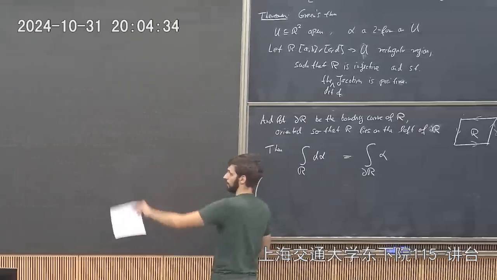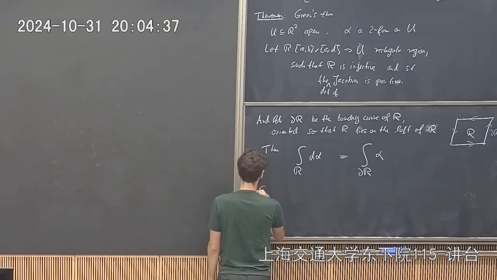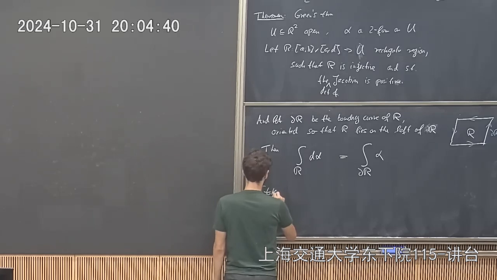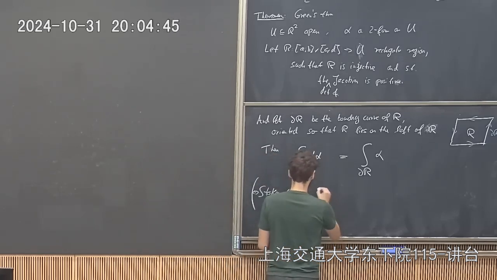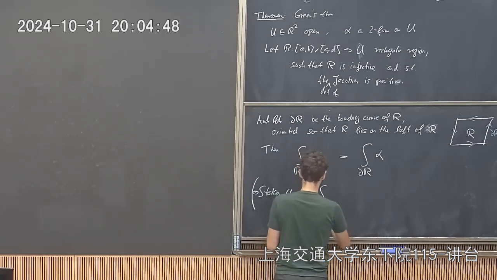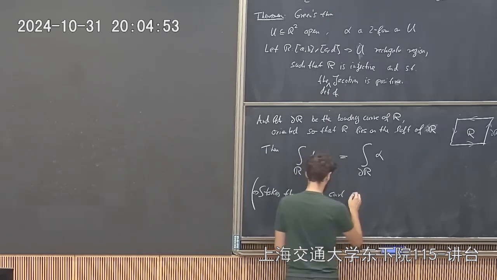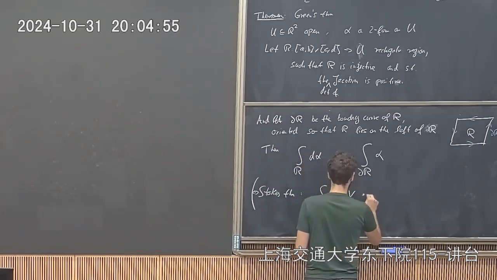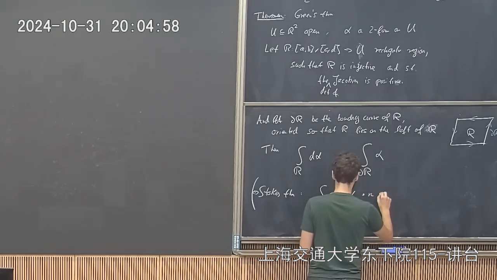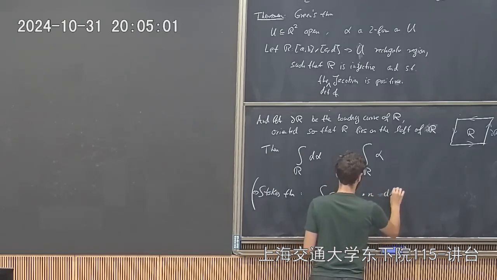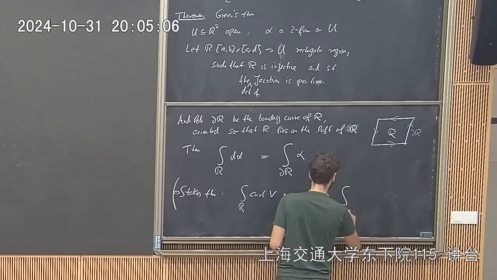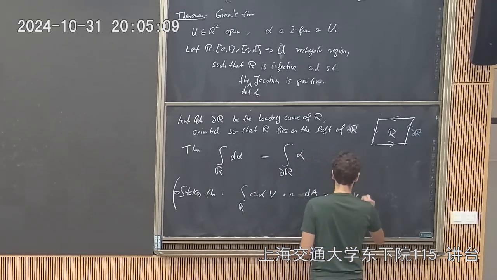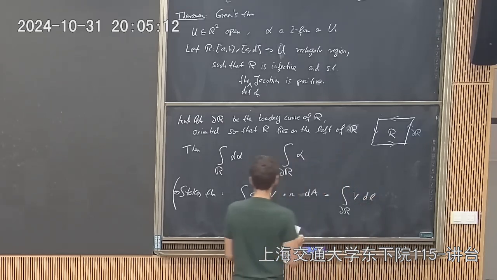If you think about it in this version, this one is equivalent to Stokes' theorem, which you might have seen already in some course: the integral over the curl of some vector field times n, integrated over dA, equals a certain line integral.